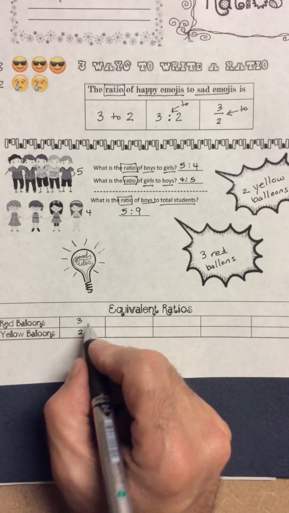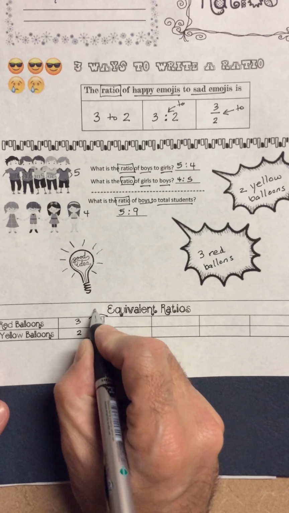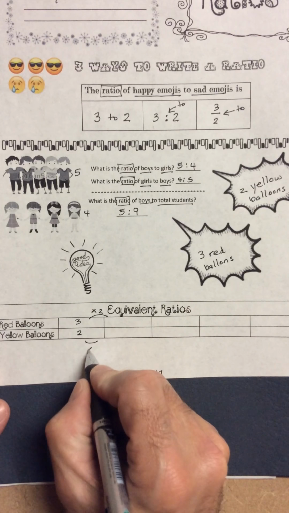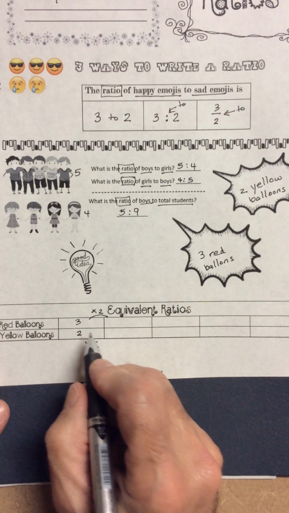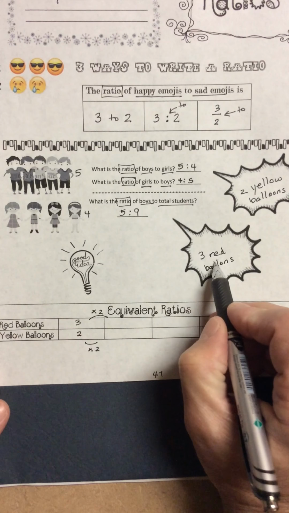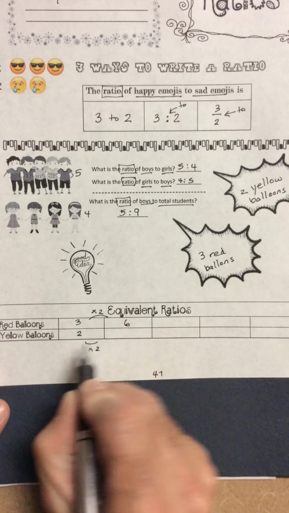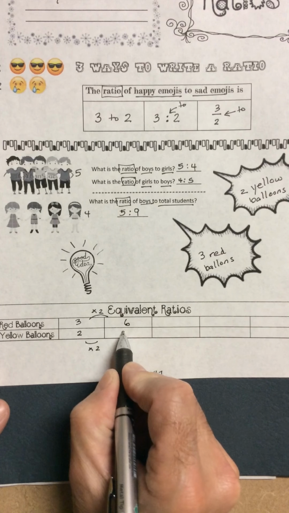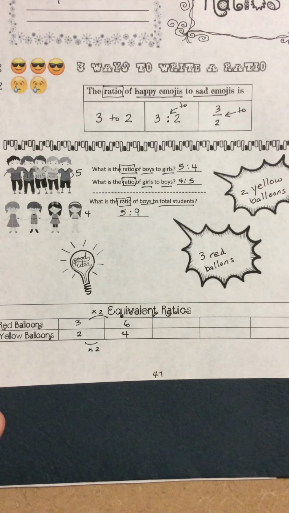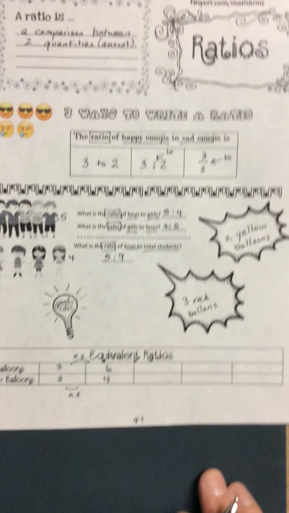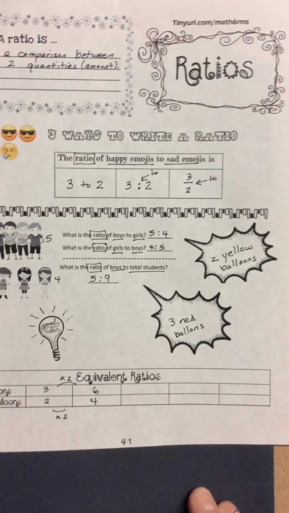I'm going to, actually I can multiply to get there quicker. If I had 2 groups of balloons, that would be 2 groups of 3, or 3 times 2 would be 6 red balloons for 4 yellow balloons. Or I could have 3 groups.